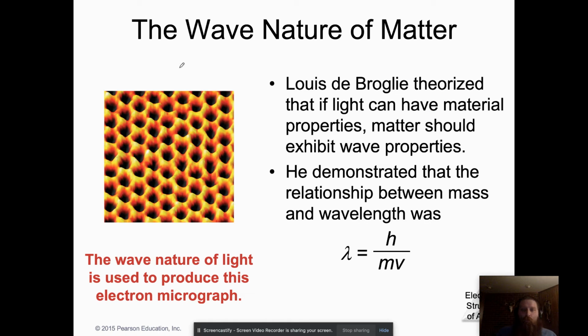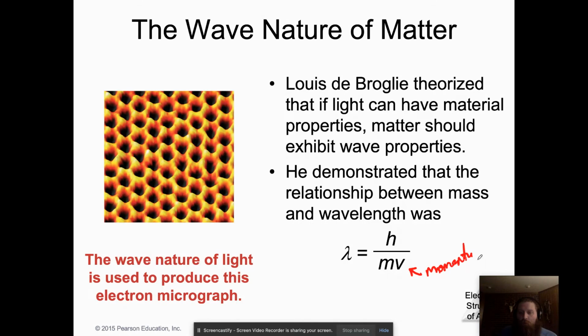Now, if we move from Bohr into the more modern version of the atom, we have to talk about Louis de Broglie. Louis de Broglie theorizes that if light can have material properties, that is, if light can act like a particle, then maybe particles can act like waves. And he says that lambda equals h divided by mv. Now, mv, this is important, mv is momentum.